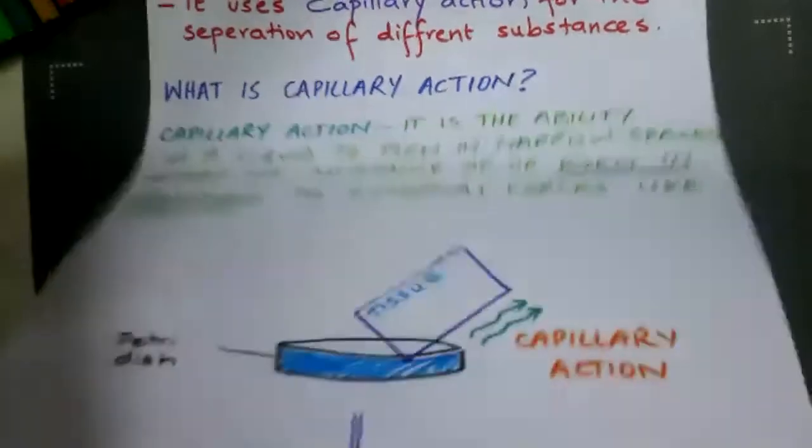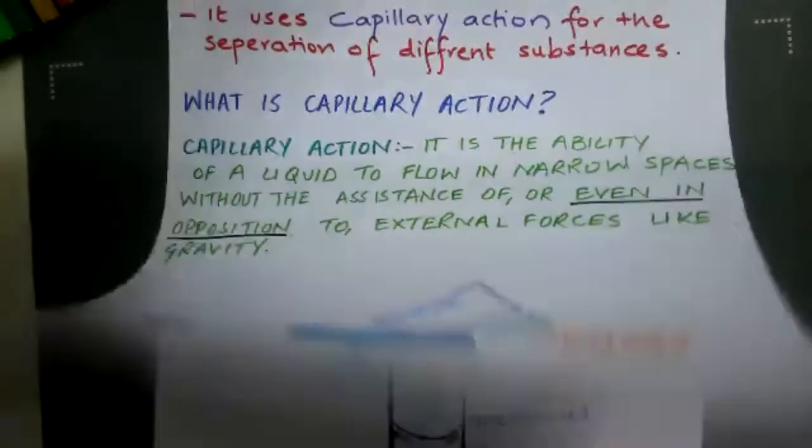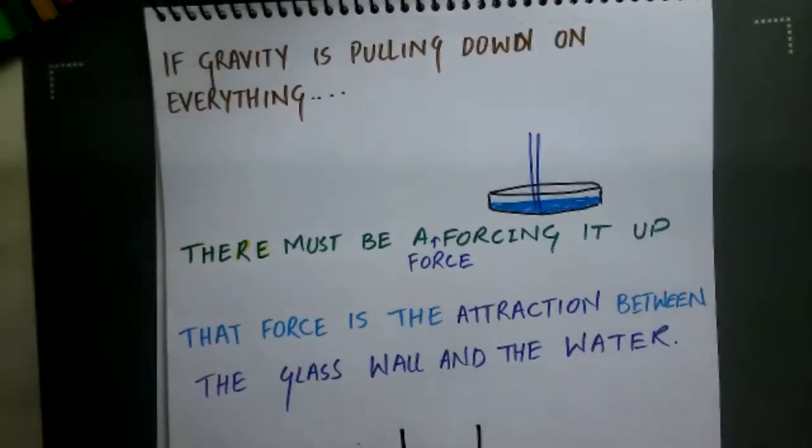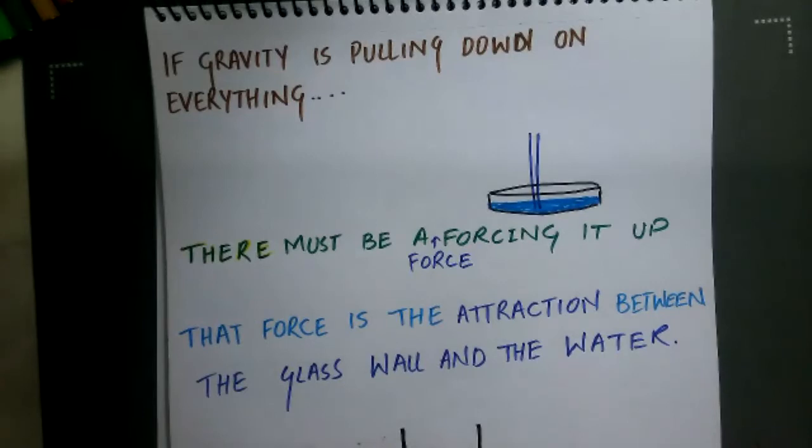What they mean by this is that if gravity is pulling down on everything, so it's the downward force, there must be a force which is opposing gravity, which is forcing the water upwards. And that force is the attraction between the glass wall and the water.